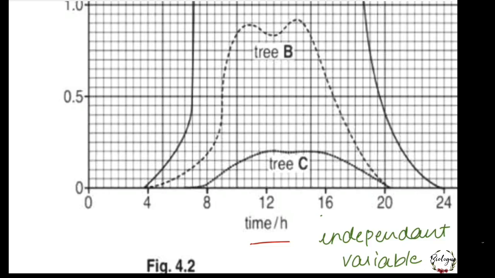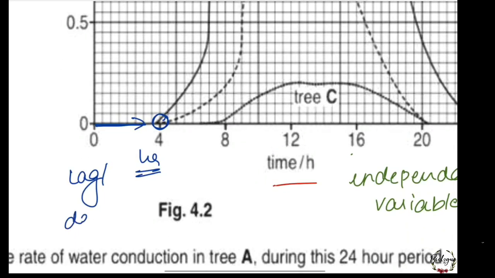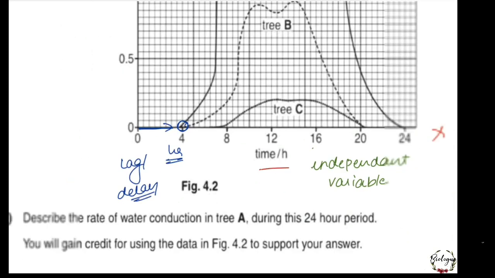Are you able to see any pattern like that? Yes, you are. There is no water conduction before this 4-hour mark, which would mean that there is a lag, a delay.